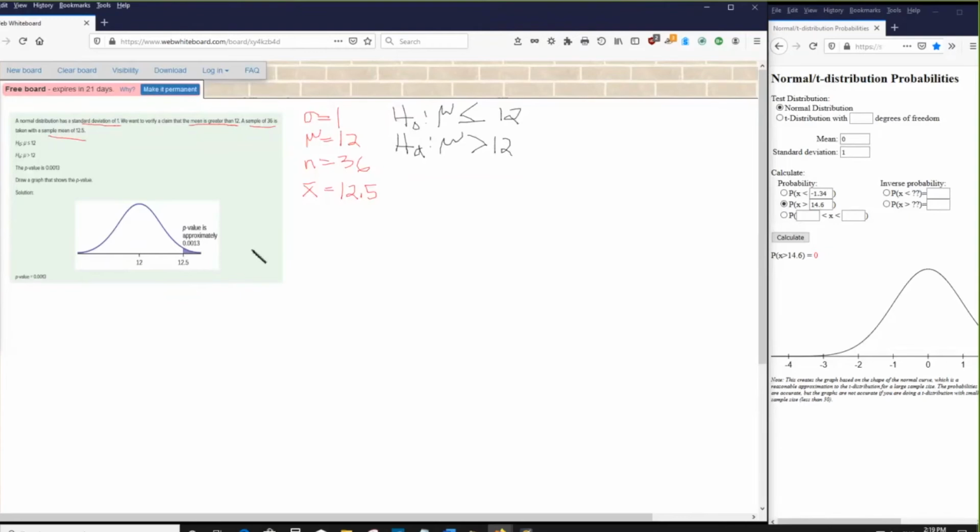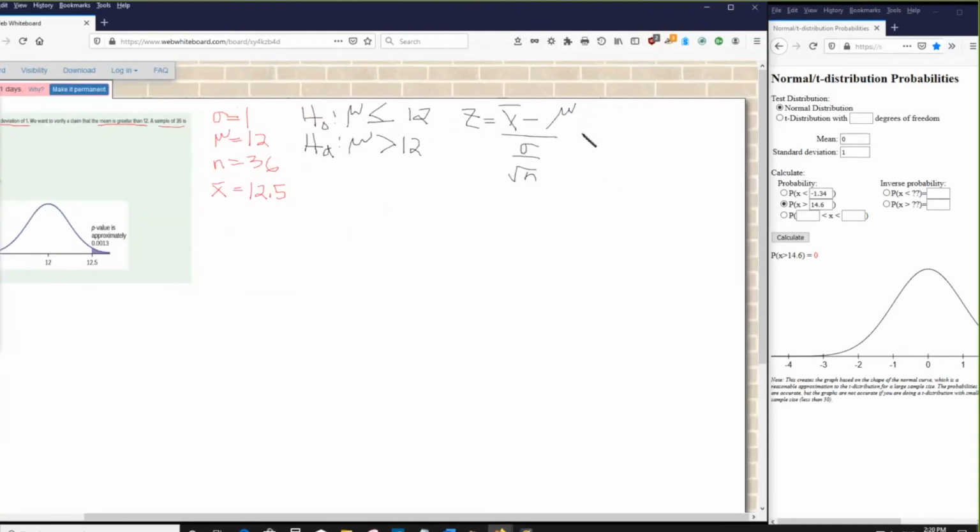So then first we're going to calculate our z value, which is going to be the sample mean minus the population mean, divided by the standard deviation over the square root of the sample size.